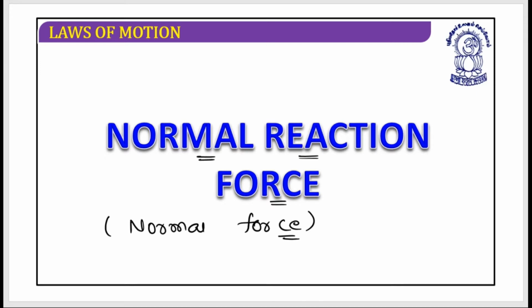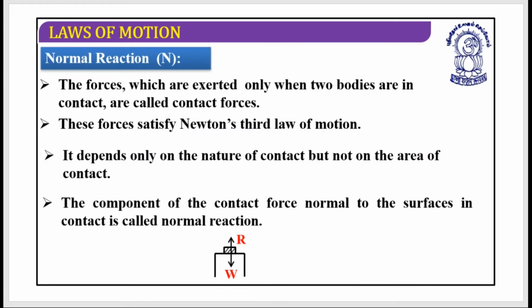So let's have a look at how it acts. What we say about the normal is, it is the force which is exerted only when two bodies are in contact. This is required, and this is to be remembered: these are called the contact forces. These are the forces which will be acting when two or more bodies are in contact.